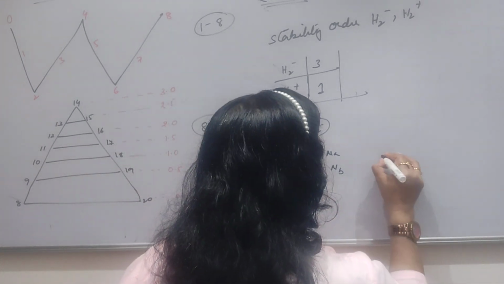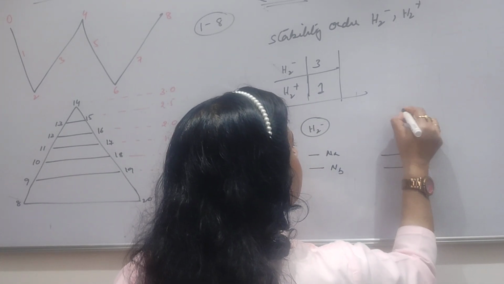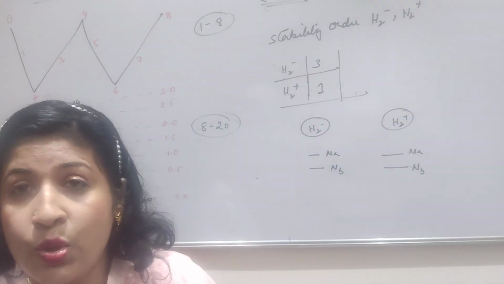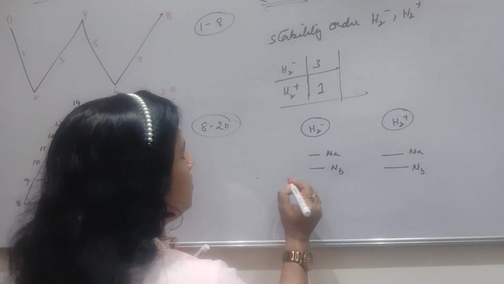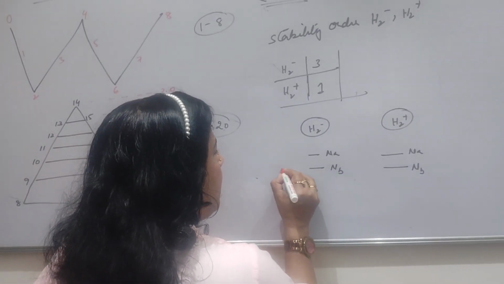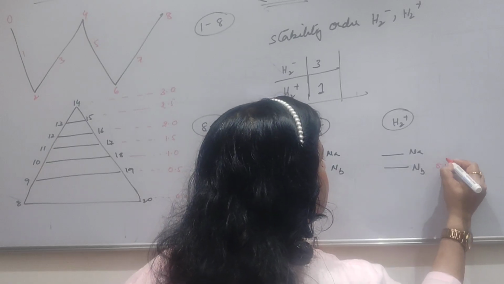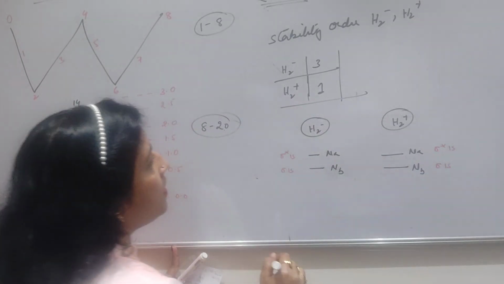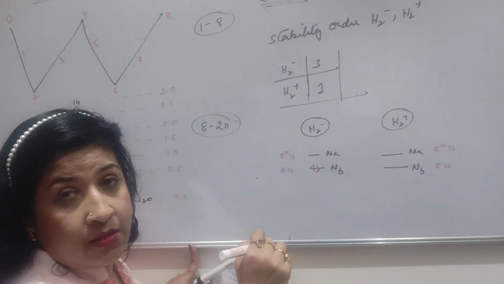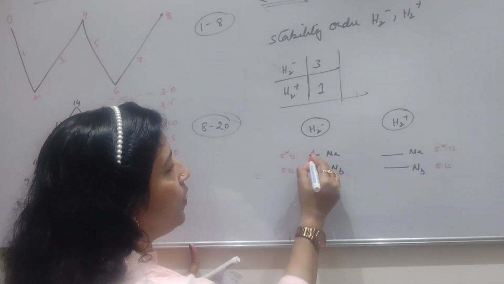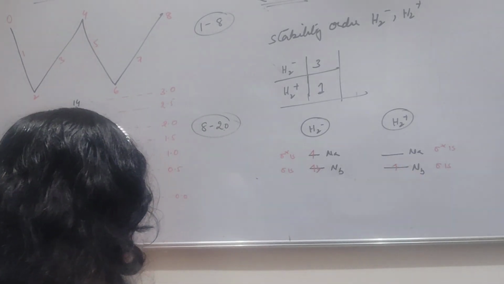Similarly, I have NB and Na for H2 plus. So this is the 1s orbital: sigma 1s, sigma star 1s. Here there are 3 electrons. I am entering the 2 electrons here and 1 electron here. And here it is only 1 electron.